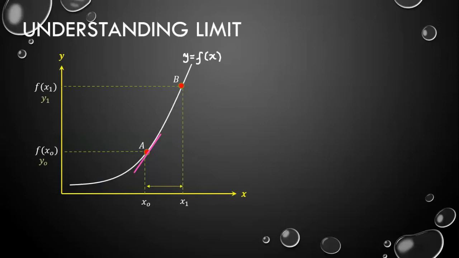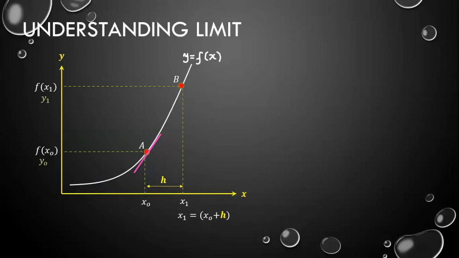When x0 is translated to x1 by an h step, let's say the distance is h. So we can assume that x1 is x0 plus h. x1 equals x0 plus h. Is it clear to everyone?